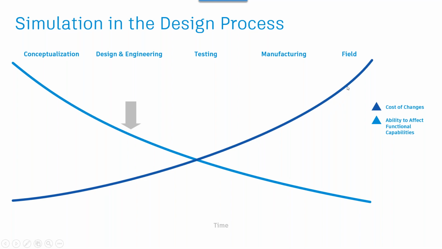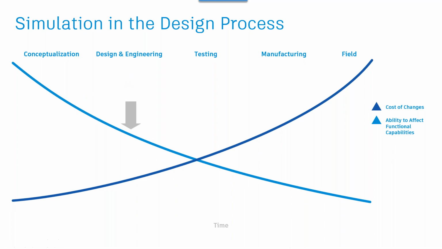So if you have some issue that you find out during manufacturing or when the product is actually in the field, the cost of actually making changes is a lot higher than actually addressing those things earlier in the design process. So simulation, for example, in this kind of a product development process fits right in during the conceptualization and design engineering phase.